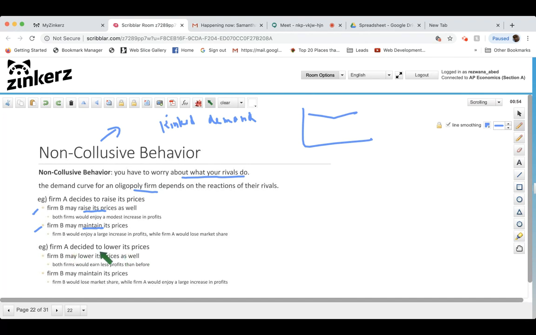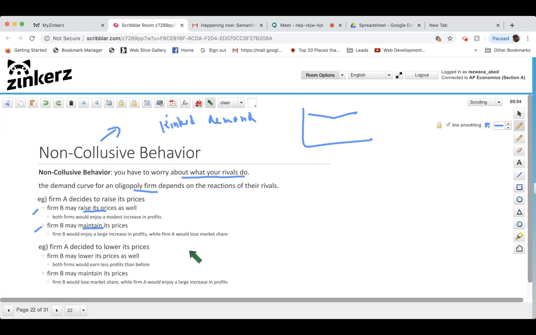But if farm A decided to lower their price and farm B maintained their price, then because farm B's price is now higher, farm B would lose their market share and farm A would enjoy an increase in profit. So this is how we call this a game, right? You have to watch out for what your rival is doing.